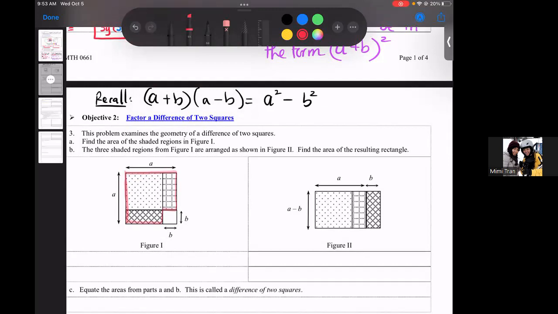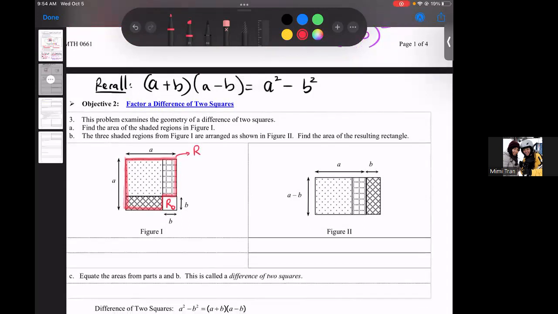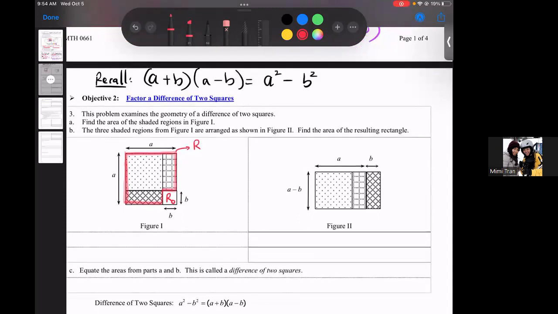I want to find the shaded area, so everything except the non-shaded part. I'm going to call the non-shaded region R sub 0, and the region that I'm looking for, the one I shaded here, is R. So what's the area of R naught?